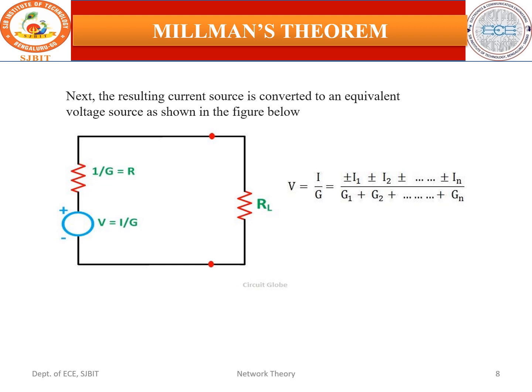That means you can convert the current source into an equivalent voltage source. Then, as we know, V is equal to I by G and R is equal to 1 by G. Therefore, V is equal to I1 plus I2 plus I3 etc. In divided by G1 plus G2 plus Gn.